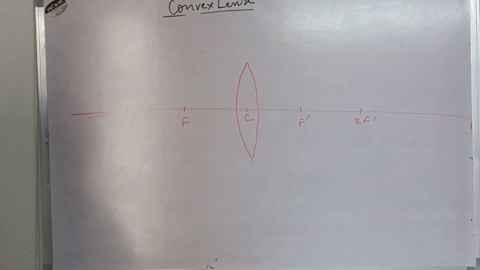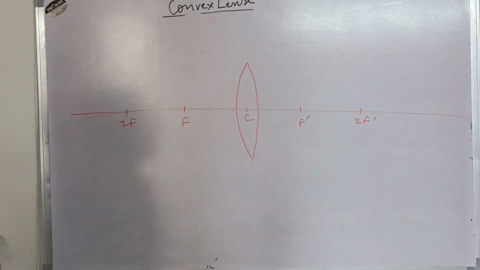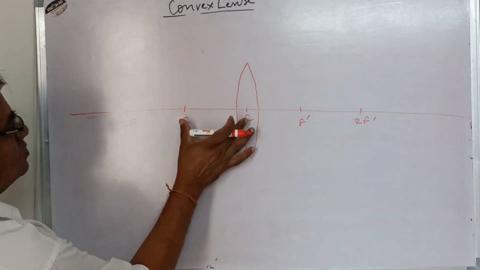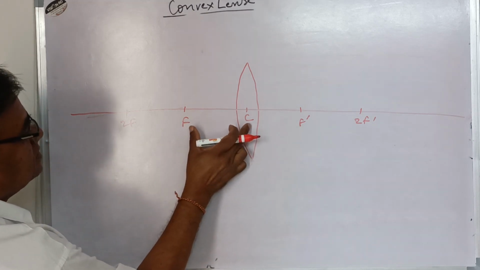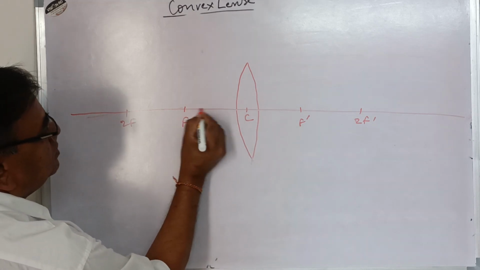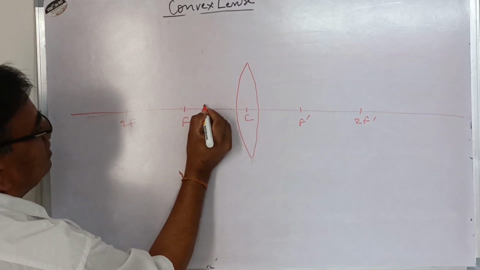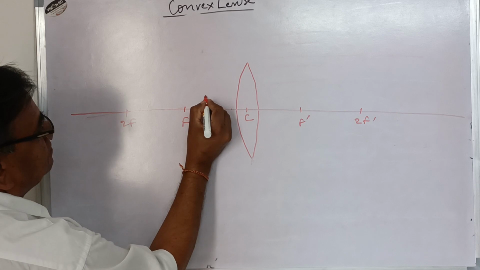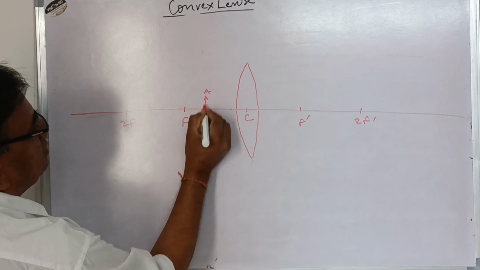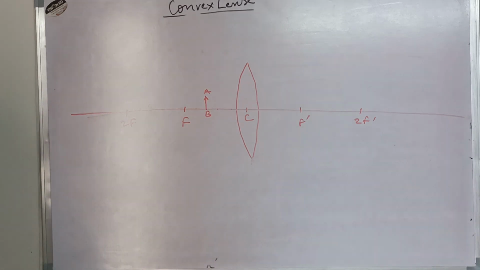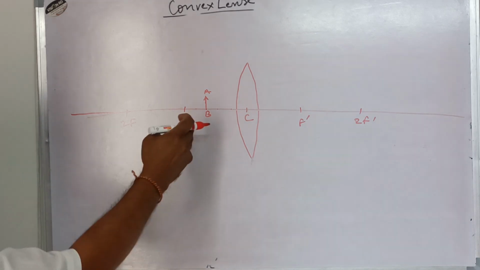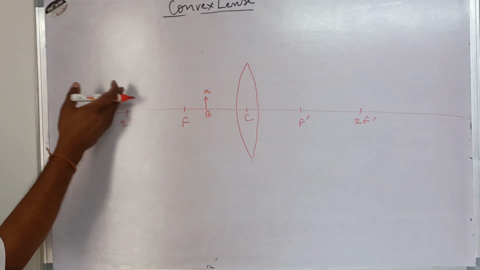In the case of magnified virtual, there is only one case. The object should be within the focus, between C and F. So anywhere in between, it could be here, here, here, here. Let it be here, A, B. So the magnified and virtual image will form on this side, beyond 2F.